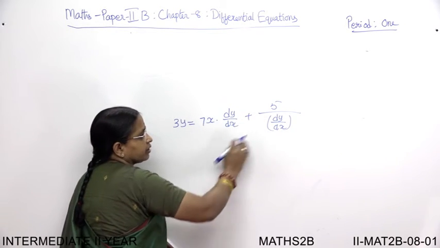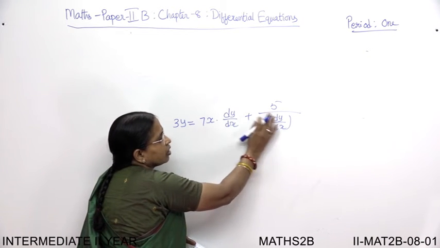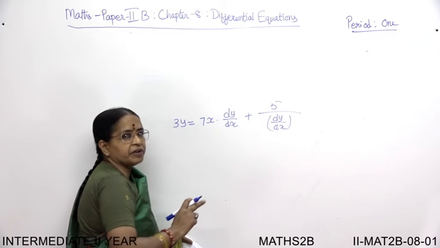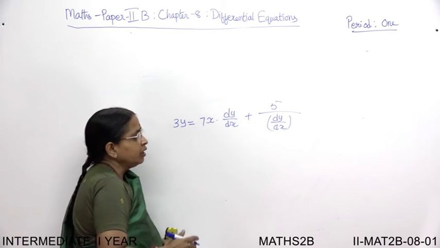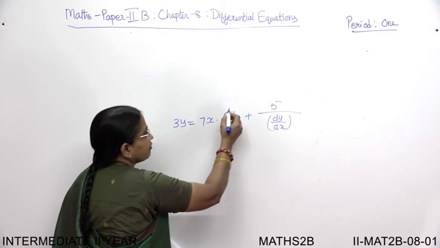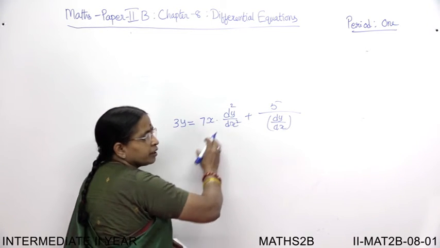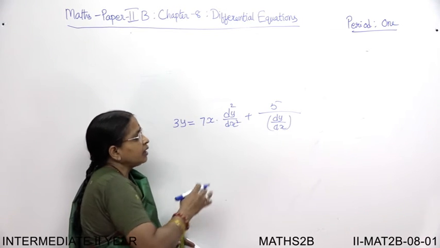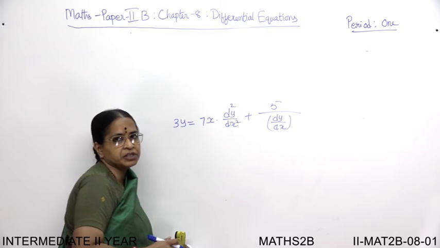It has the derivatives. Now this equation has only a first order derivative. So this is called a first order differential equation. First order means dy by dx only. If it contains d square y by dx square like this, then the highest order derivative, whatever is occurring in that equation, becomes the order of that differential equation.